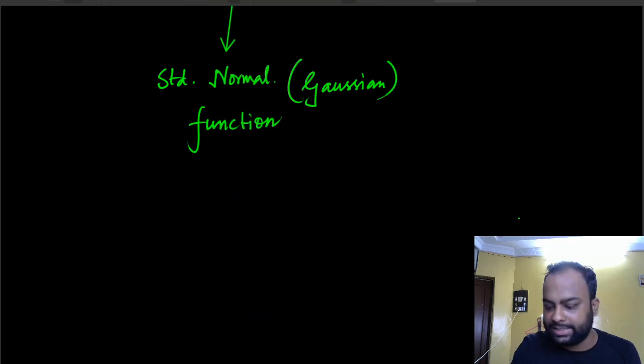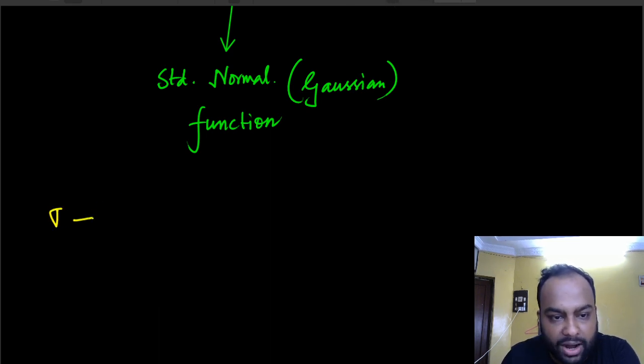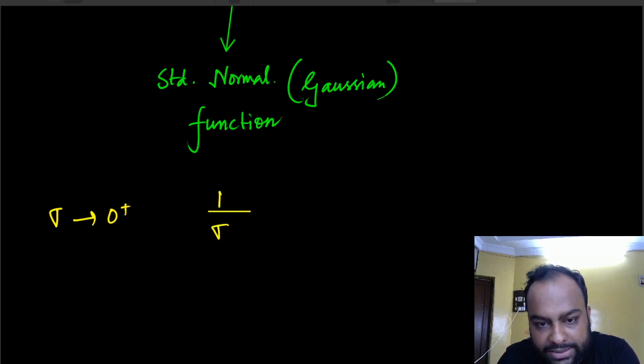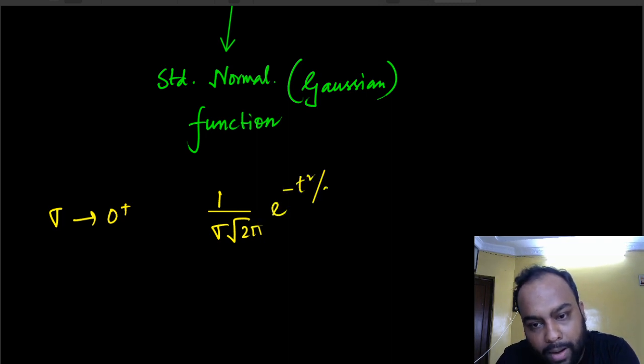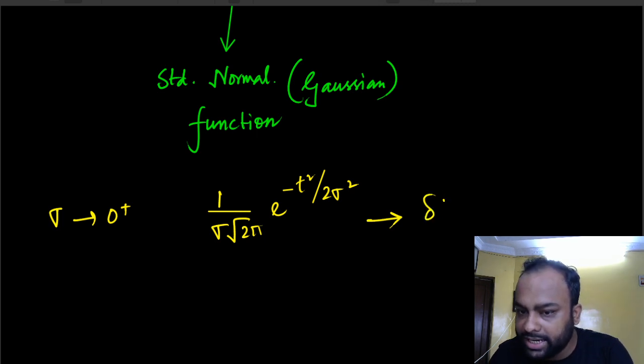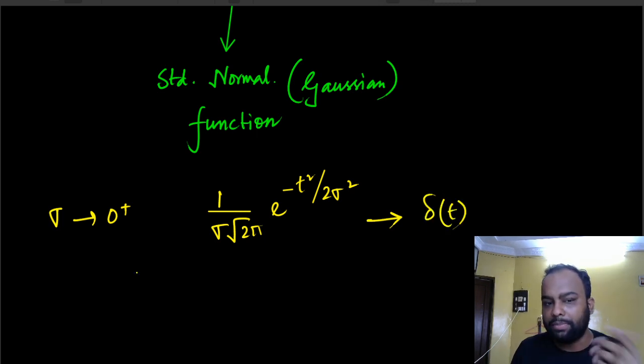So let's go back here. As limiting cases, when sigma tends to 0 plus, the limiting case is basically 1 by sigma root 2 pi e to the power minus t squared by 2 sigma squared. This essentially becomes delta(t) when sigma is very small.